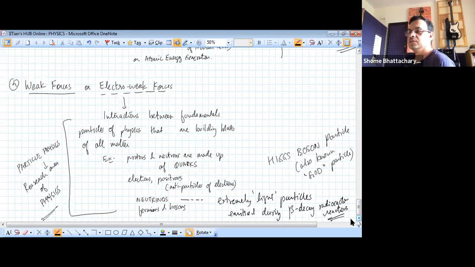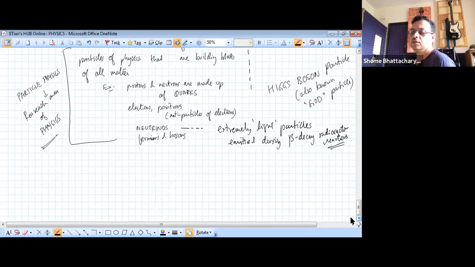The God particle was discovered in CERN. These are some things that you can read about on the internet for general knowledge. Beta decay is when a neutron converts to a proton and an electron.